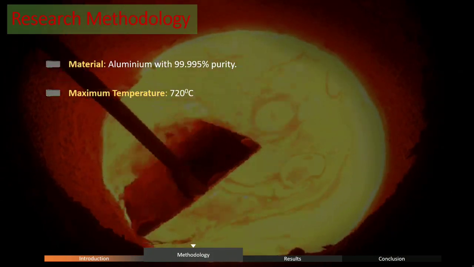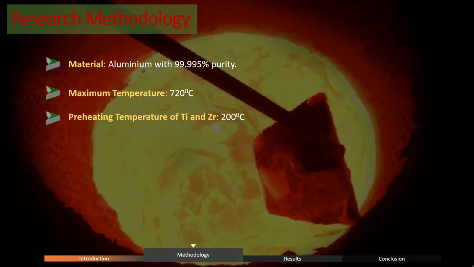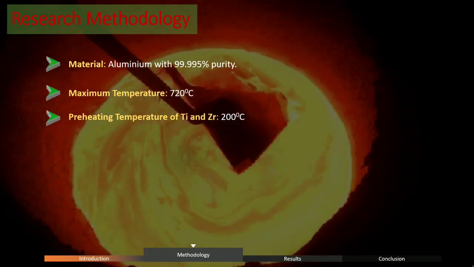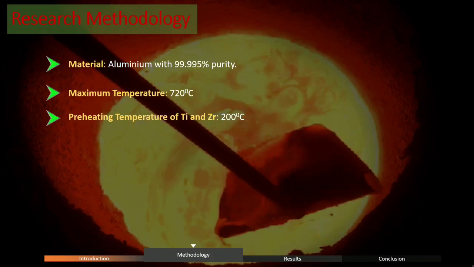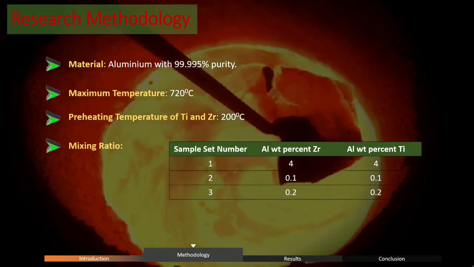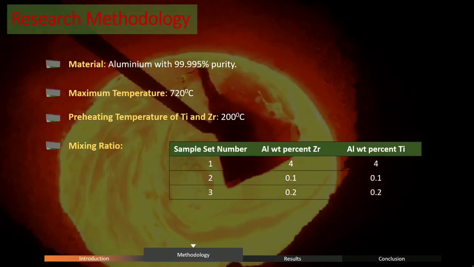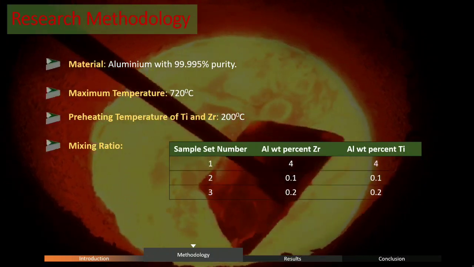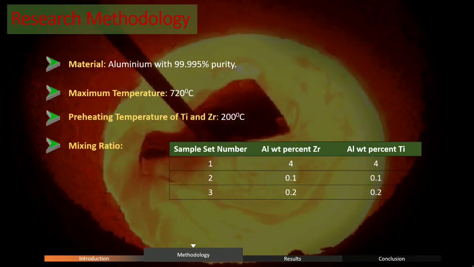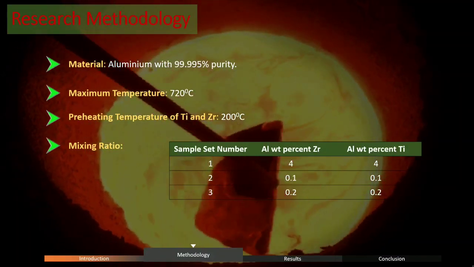The melting point is about 660, but they went up to 720. The preheating temperature of the titanium and zirconium is 200 degrees Celsius, so they actually preheated the entire inoculant. The mixing ratio they took was 4% zirconium in aluminium and 4% titanium in aluminium, and 0.1% and 0.2% respectively. In this entire paper they have only talked about 0.1 and 0.2% mainly.